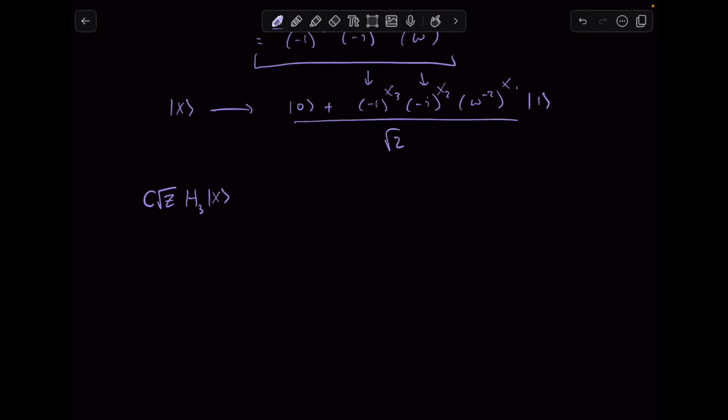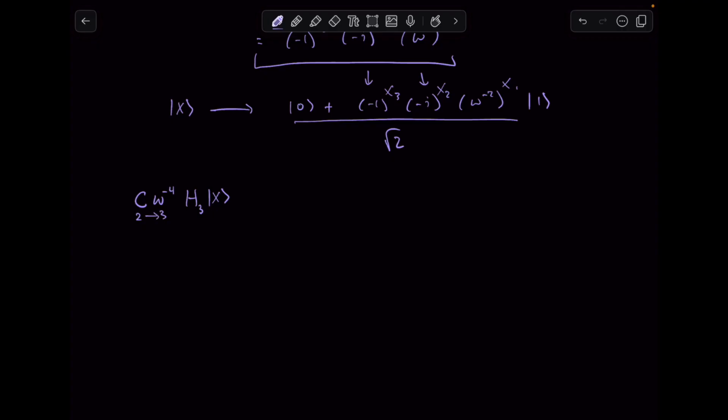But root z here, this minus i, just to keep everything consistent, I can write this as a controlled omega to the minus 4, where omega is the 16th root of unity. And then just to specify the control and target bits here, the control bit is 2, and the target bit is 3, or qubit.